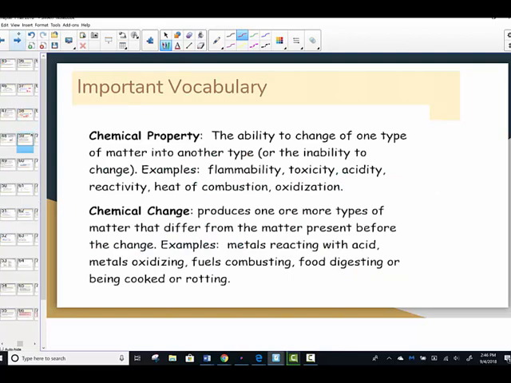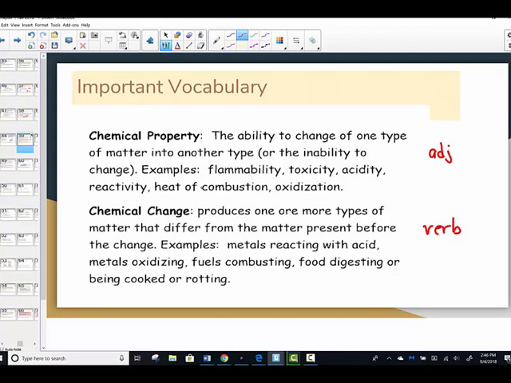Now, on the opposite side of that coin, we have the term chemical property and chemical change. And again, when I think of the term property, I think about the adjective, a quality that I can use to describe a substance as it's undergoing a change. And the verb is the actual chemical change. So a description of the ability to change one type of matter into another type of matter.